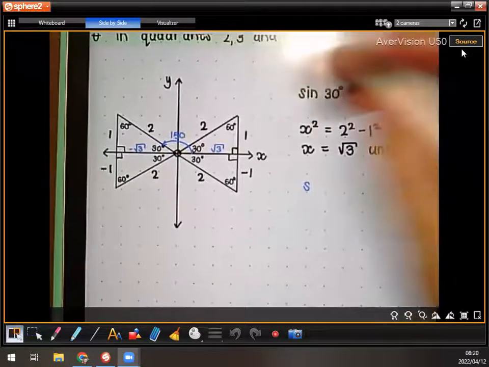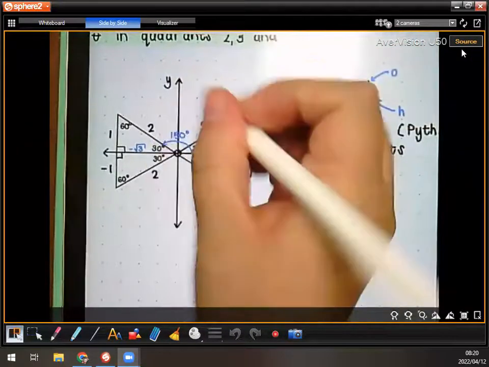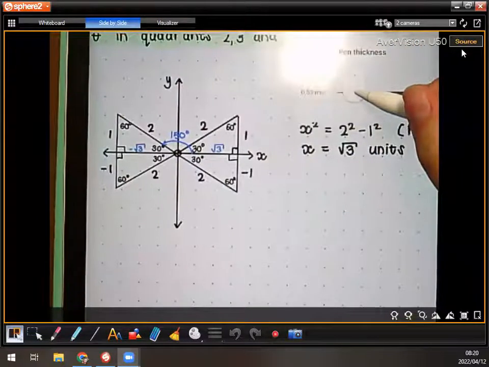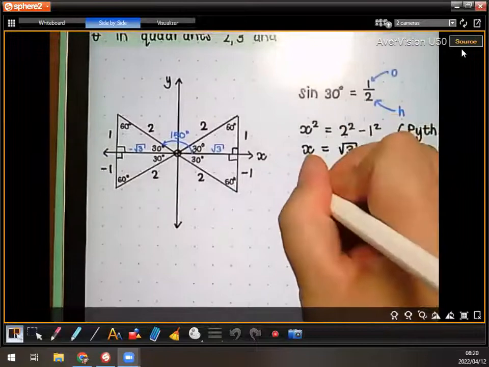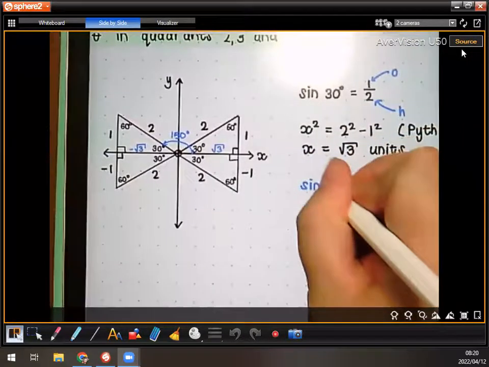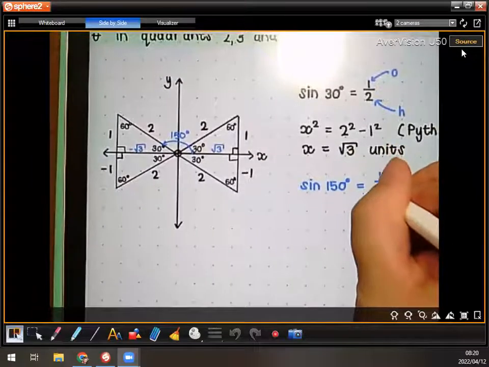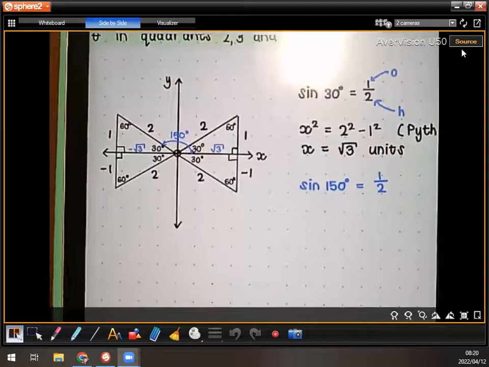All right, so now if we are calculating sine 150, I will type that into the calculator. 1/2. That's interesting that we're getting the same exact answer as for sine 30. We're getting 1/2.